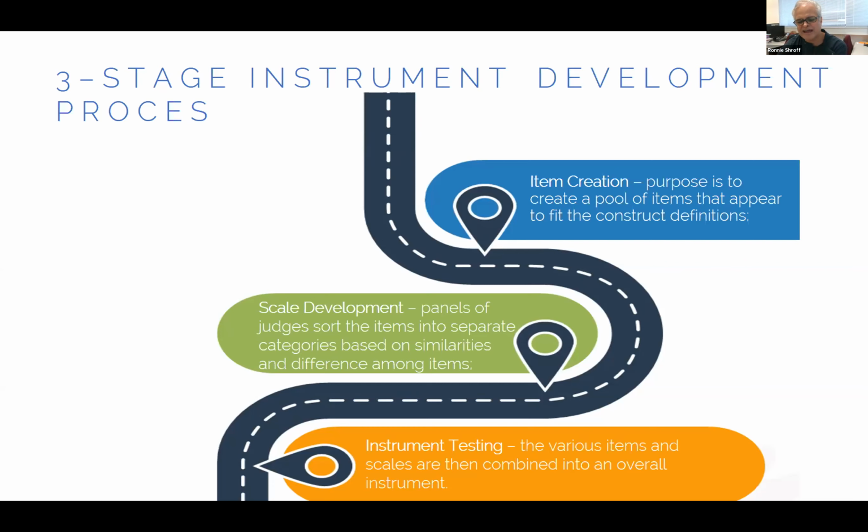This is where you have a panel of judges that sort through the respective items into separate categories. Again, you have to develop these items based on the constructs of the theoretical framework, as well as looking back at the literature, so what it is you want to measure. And then the last part is the instrument testing process. The various items and scales are then combined into an overall instrument.